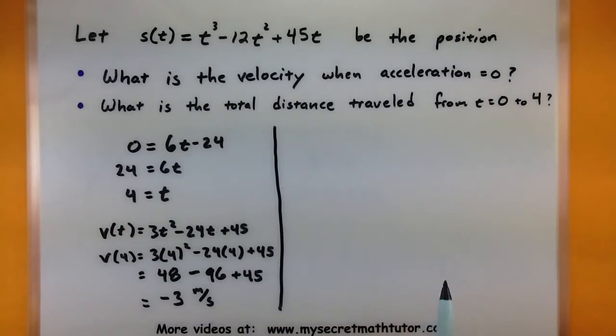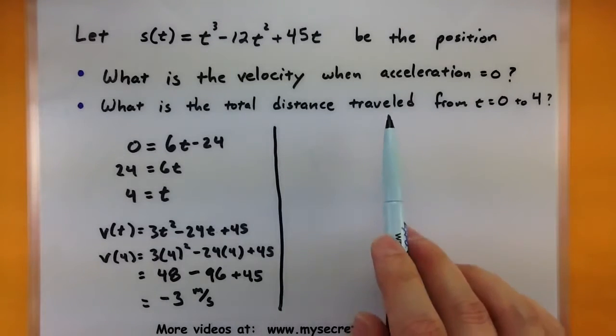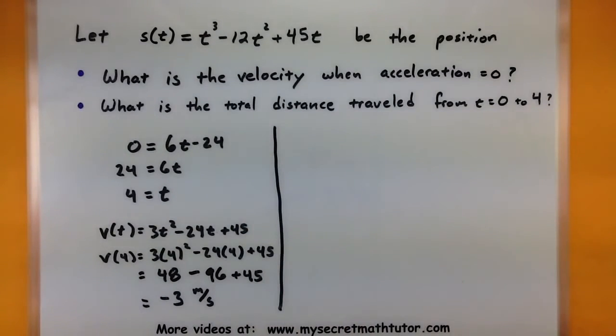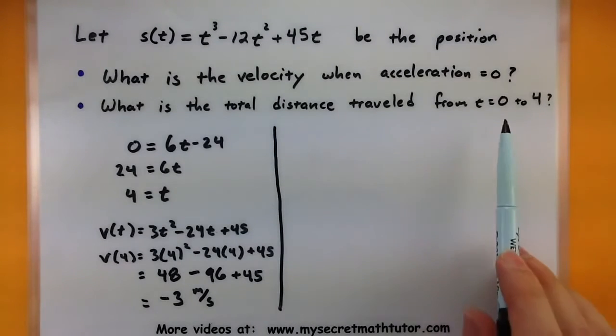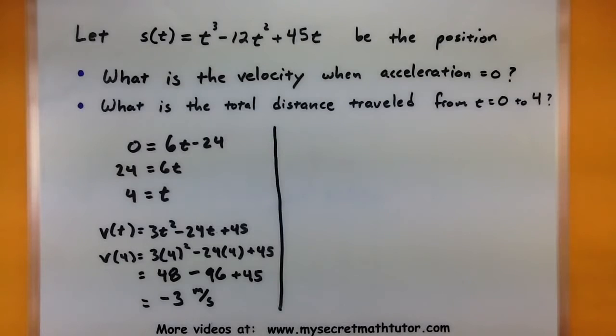What is the total distance traveled from t equals 0 to 4? At first glance, it looks like this one is simply talking about the position of the particle: where is its position after 0 seconds, and where is its position after 4 seconds. But actually, there's a little bit more going on when you're talking about the total distance traveled.